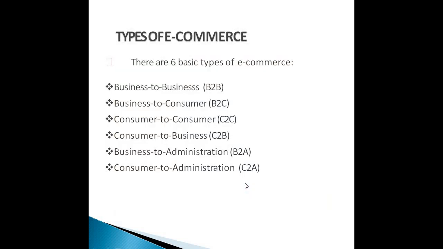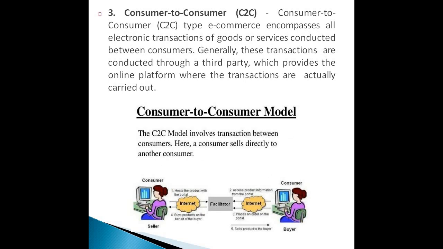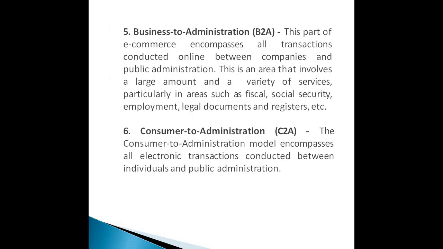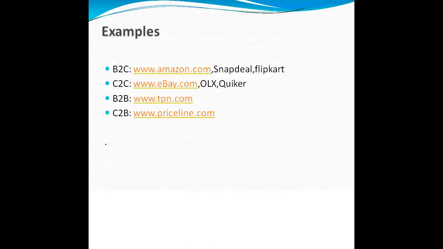Then we learned one by one about the types of e-commerce: B2B, B2C, C2C, C2B, B2A and C2A. Some examples related to education, security, tax, and health. Some websites I have mentioned related to the types of e-commerce, whether B2C, C2C, B2B, or C2B.